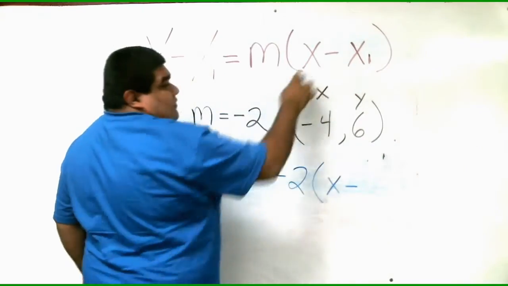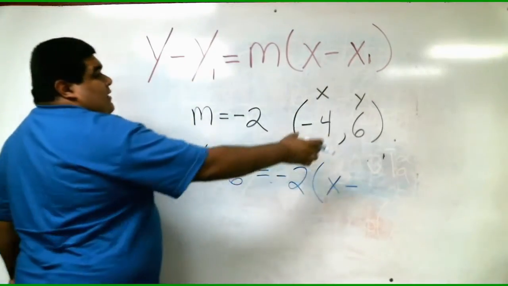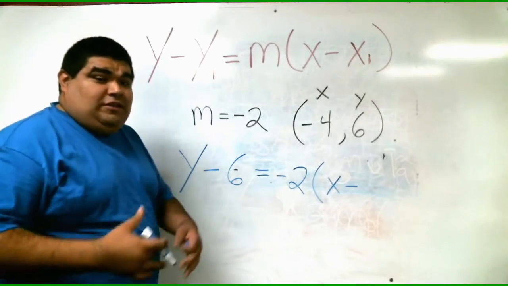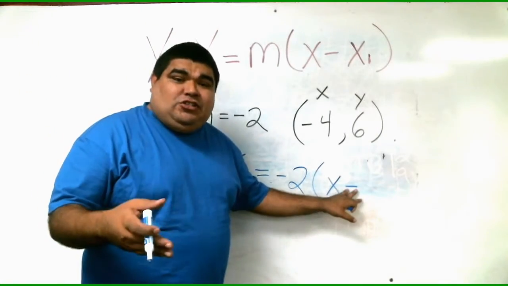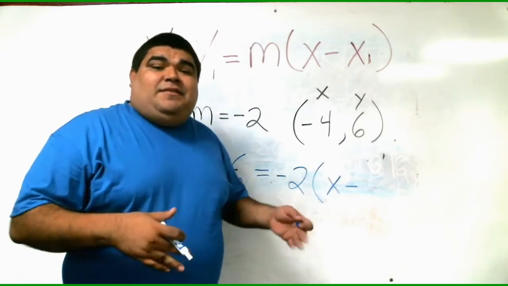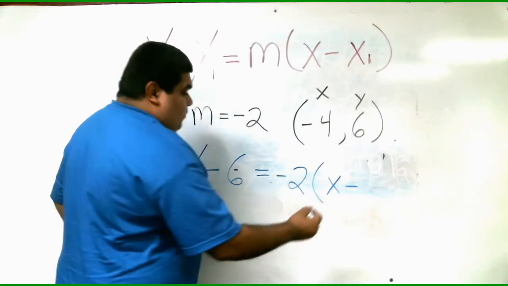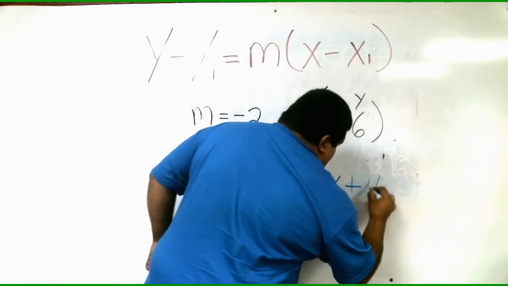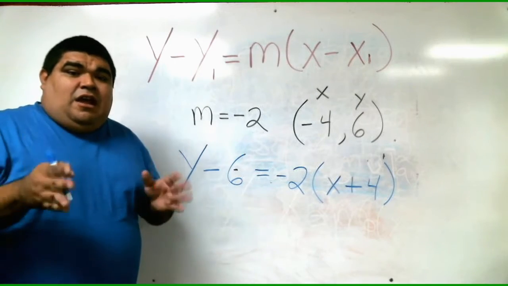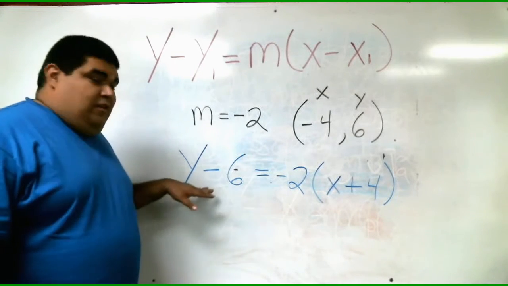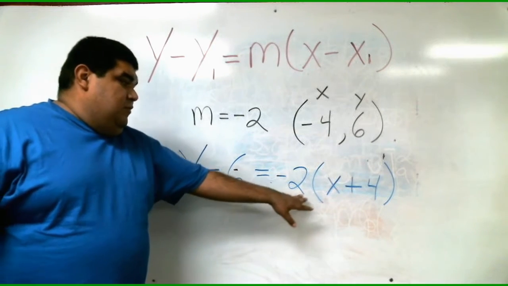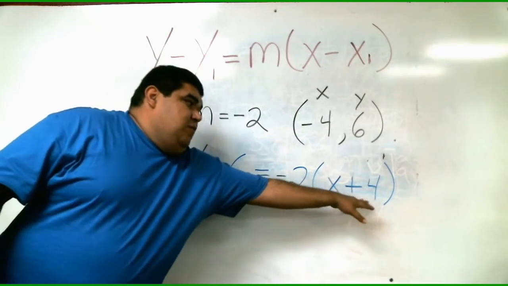Minus, because of the minus of the equation, x1, which in this case is -4. Notice that you have a negative from the equation, and then the negative from the number. Negative times negative is positive. So plus 4. Okay? Now that we have that, we have y minus 6 equals -2 parentheses x plus 4 and close the parentheses.